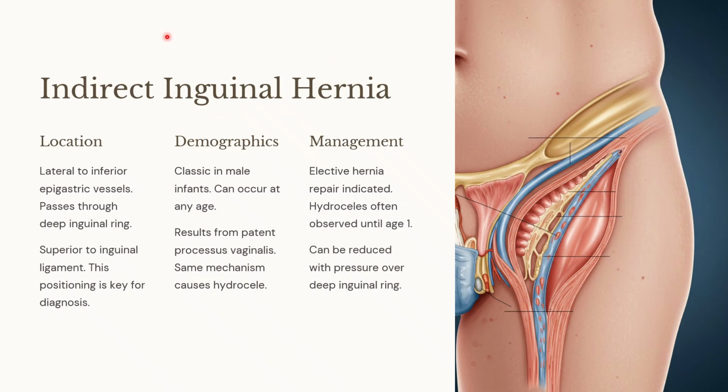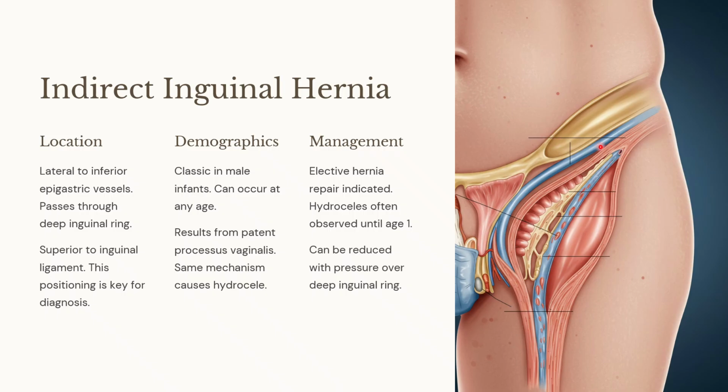Indirect inguinal hernia will pass through the deep inguinal ring and then it will enter. So therefore here will be the inferior epigastric vessels. This will be lateral to the inferior epigastric vessels and superior to the inguinal ligament. So that is common in both, but lateral to the inferior epigastric vessels, that knowledge will be asked.